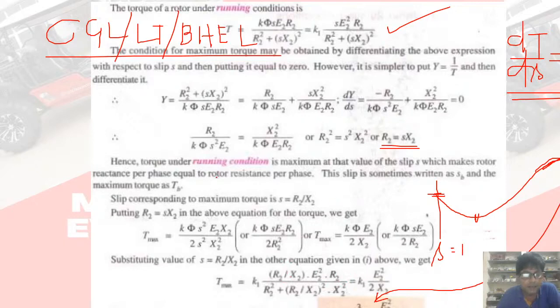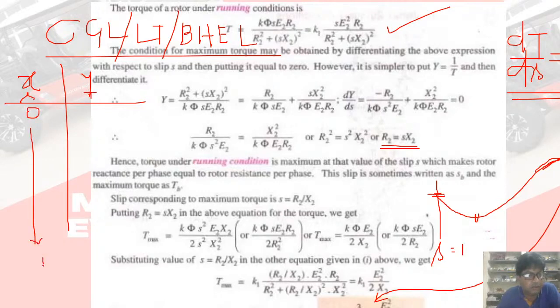Now you can open your MATLAB or Excel, whatever it may be. Take the x-axis as slip and the y-axis as torque. You vary slip from 0 to 1 with a step of 0.001, and you equate the torque, and when you plot both, you will get this kind of curve.